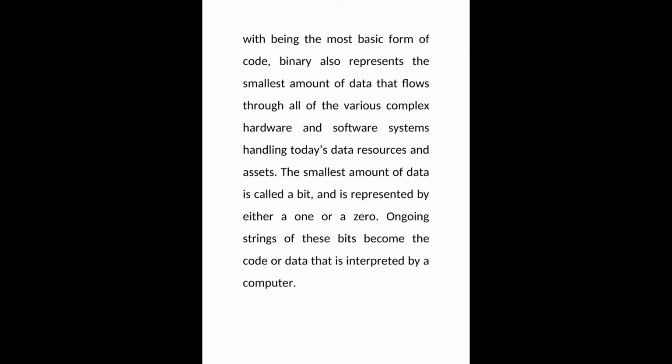It means the smallest amount of data is called a bit, and a bit is represented by either a 1 or a 0, because the storage of the computer is stored in the form of bits.